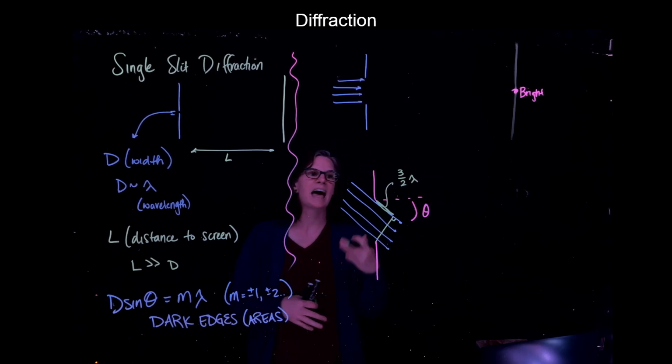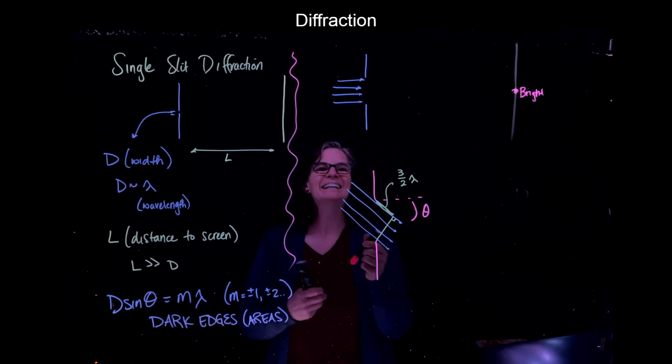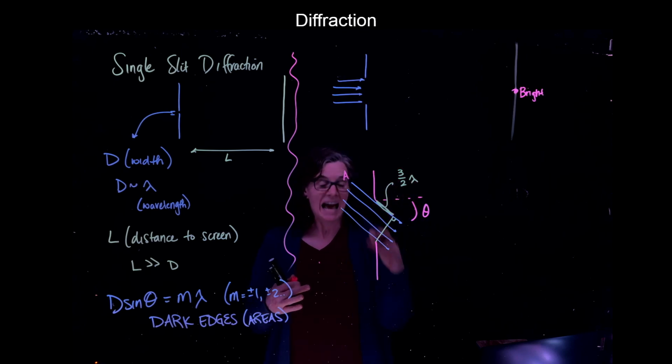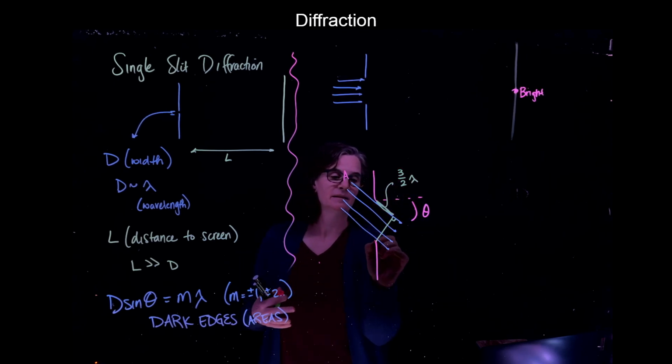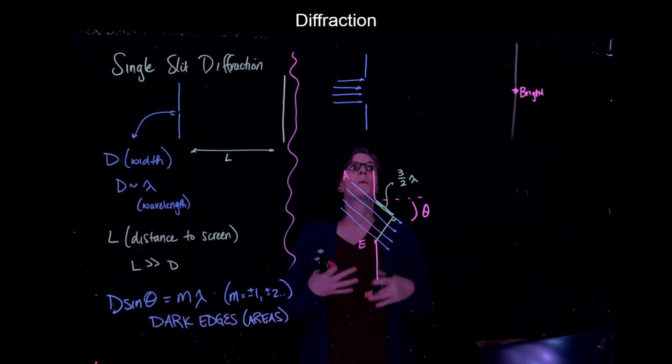Right, so what does that give us? If my angle is such that the top ray, A, travels 3/2 the wavelength, so 1.5 times the wavelength, more than the bottom-most ray B, what happens?